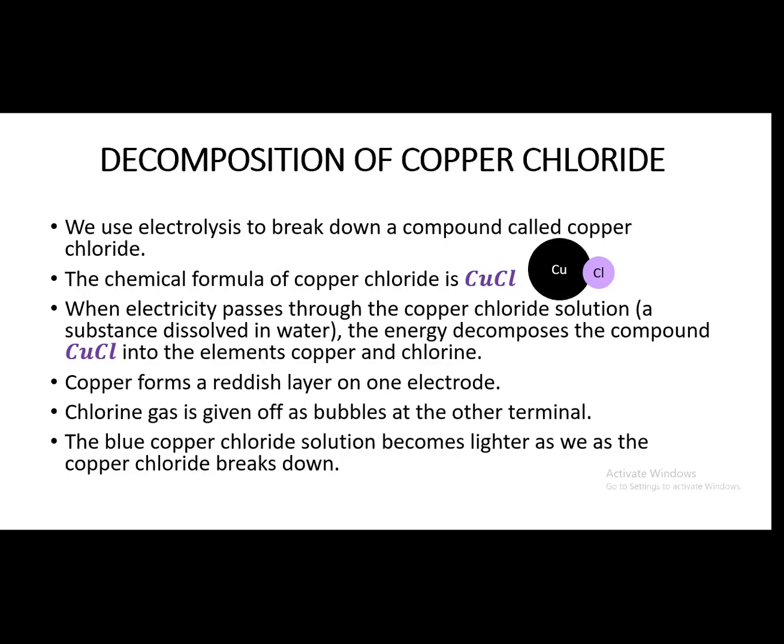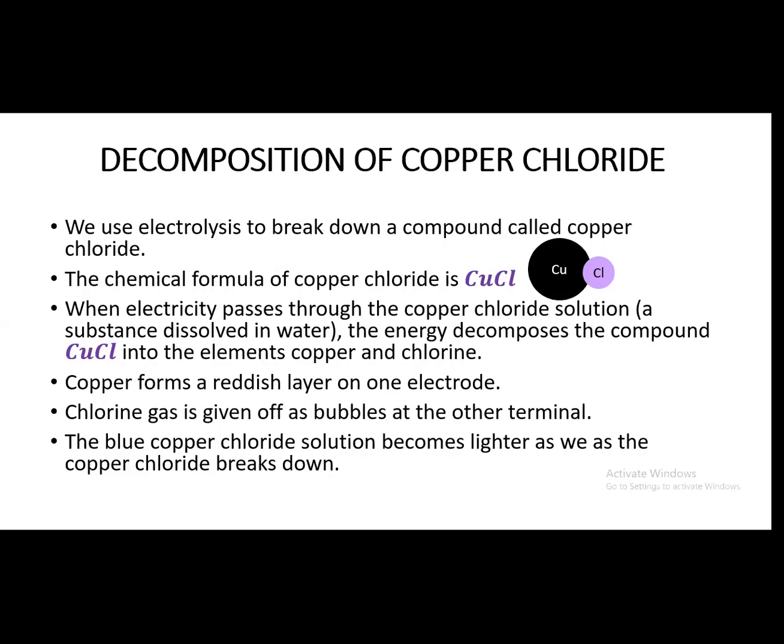Copper chloride is a blue crystal, and when we drop it into water and stir it, it becomes a blue solution. It's called a solution because when you take a salt like copper chloride and put it in water, it dissolves. The energy decomposes the compound copper chloride into the elements copper and chlorine.